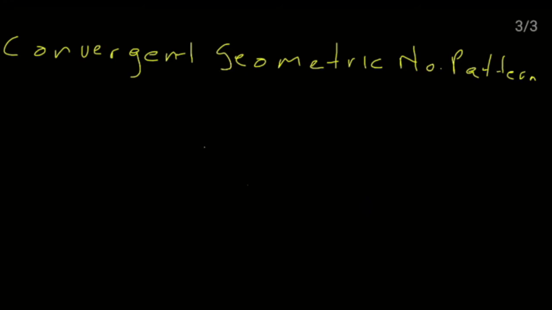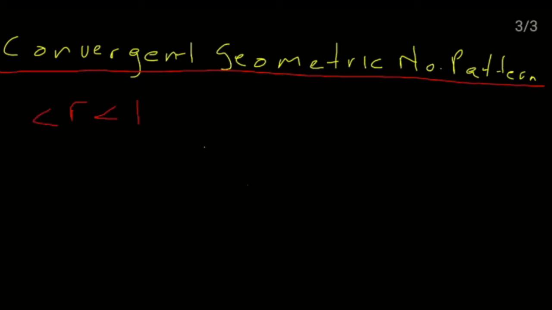Now the last thing that we are going to look at is the convergent geometric number pattern, right? For it, your constant ratio in a geometric number pattern should be less than 1 but greater than -1, and your constant ratio should not equal 0, right?